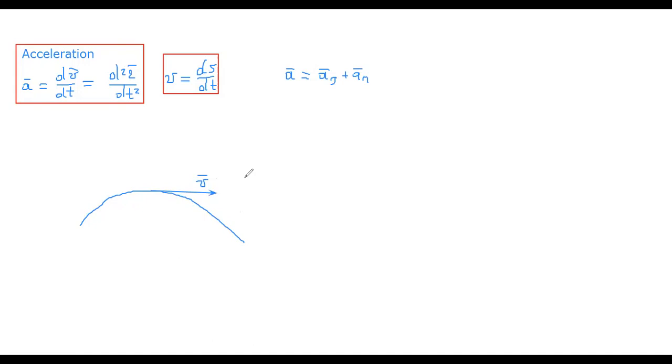But what about velocity? Velocity can be considered as a sum of tangential and normal vectors. Now I'll try to draw this.